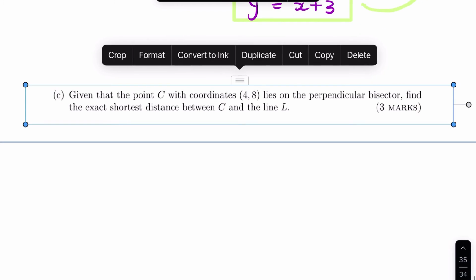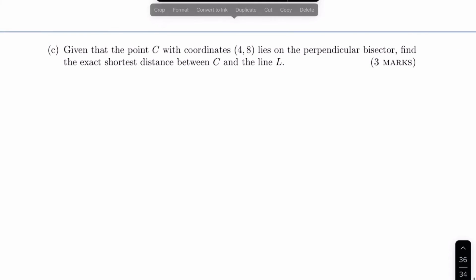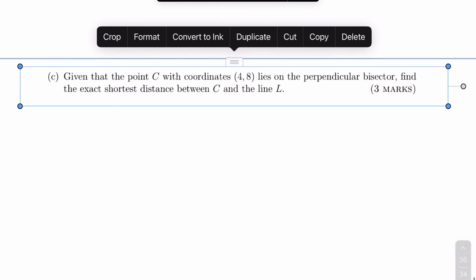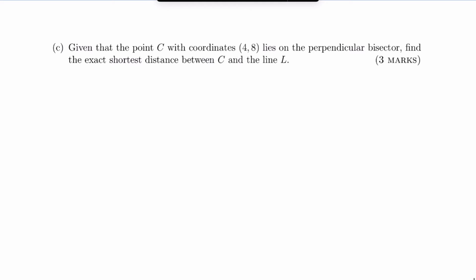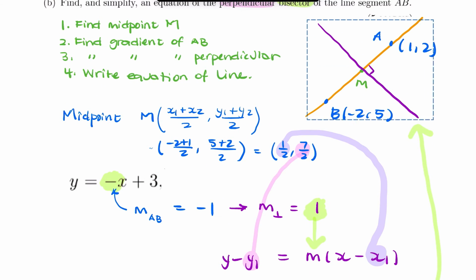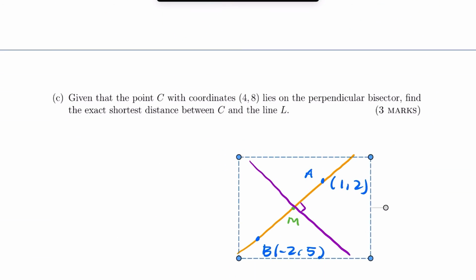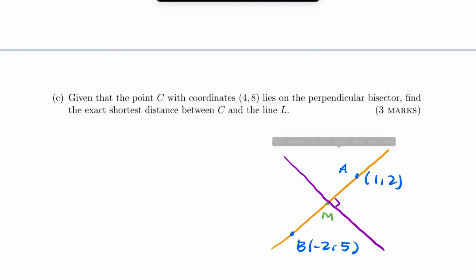The final part of the question asks about another point, C. It lies on the perpendicular bisector, and they want the distance between C and L. So let's take this and see. There is some point on the perpendicular bisector. Let's put it up here.